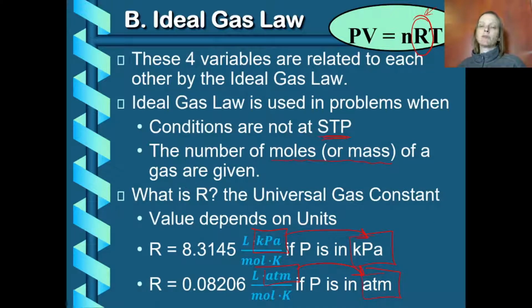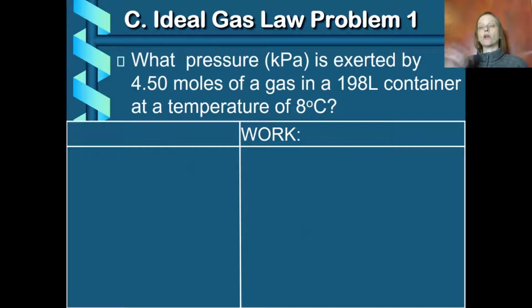I could give you a separate value for millimeters of mercury, but really it's almost easier to just do the conversion into kilopascals or atmospheres and then use the appropriate R value. So let's look at some situations where you would use the ideal gas law.